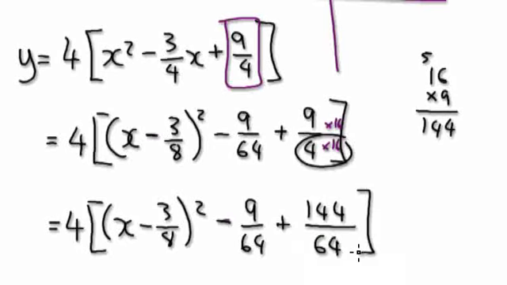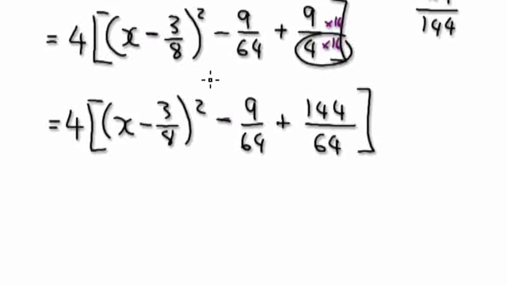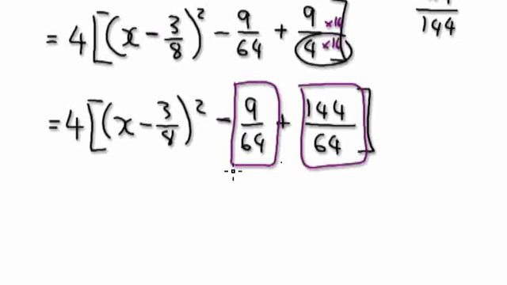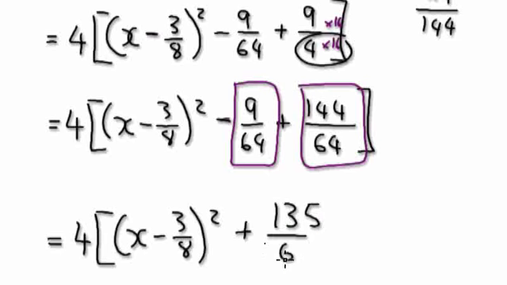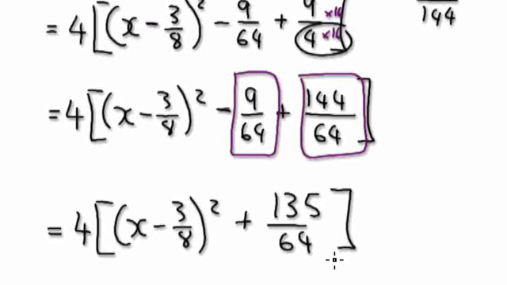So it will be this, and then now you've got single number here, single number here. Let's merge them together. So it will be 4 bracket x minus 3 over 8 squared, and then this would be plus 135 over 64, and then close it off.